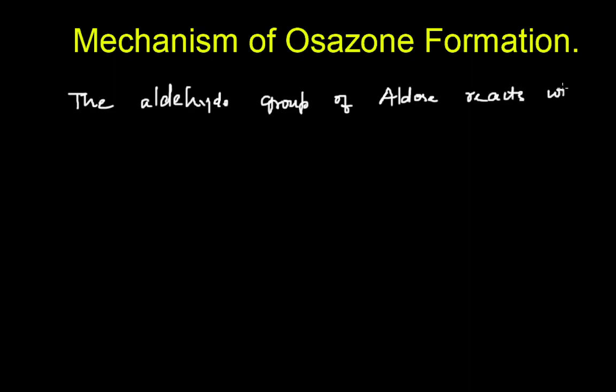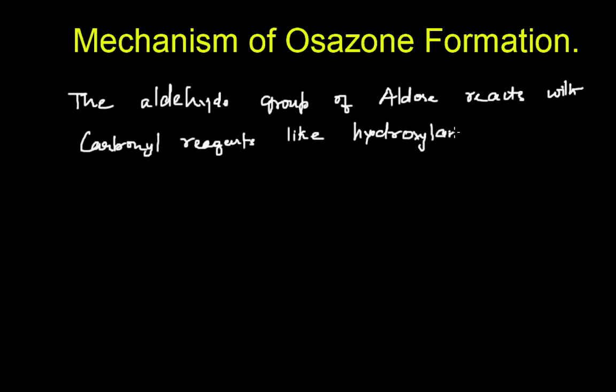Aldoses have an aldehyde group, and the aldehyde group of the aldose reacts with carbonyl reagents like hydroxylamine, hydrazine, phenyl hydrazine.